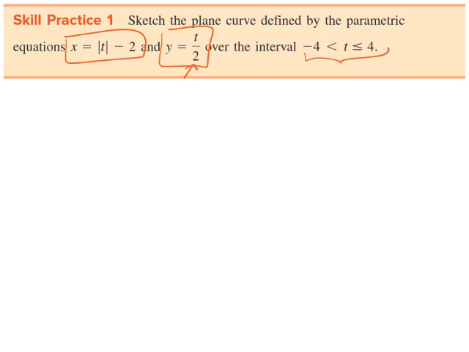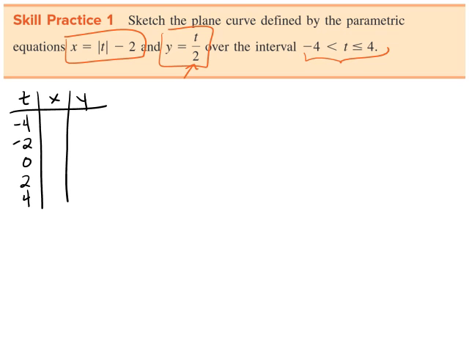I have a denominator of 2, so it might be wise to choose values of t that are multiples of 2, just so you're not dealing with fractions. So I'm going to choose -4, -2, 0, 2, and 4. And again, it's your choice what you choose, but you want to choose enough values that it will help you identify what the graph looks like.